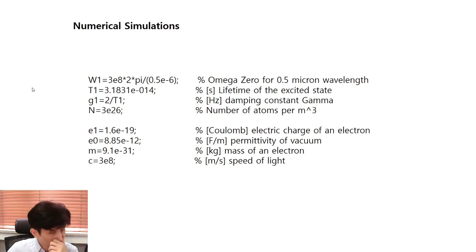and we consider the numerical values. Omega 0 is equal to 3 times 10 to the 8 times 2 pi over 0.5 times 10 to the minus 6, that is a 0.5 micron wavelength.